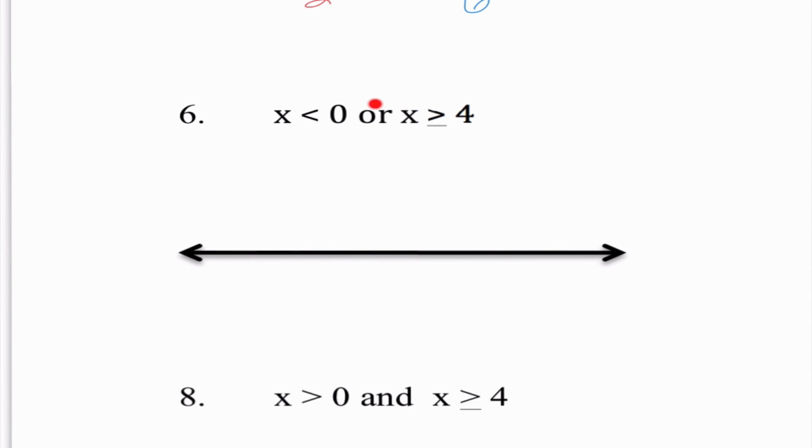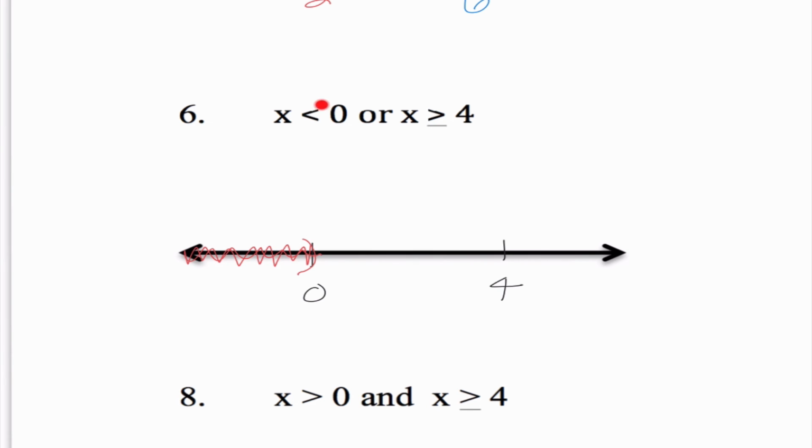Okay, number 6, I have an OR problem, so I can just go straight on the number line. I notice my 2 important numbers here are 0 and 4. So I have to think, where are numbers that are less than 0? So that would be a parenthesis and to the left. Parenthesis once again because it just says less than.